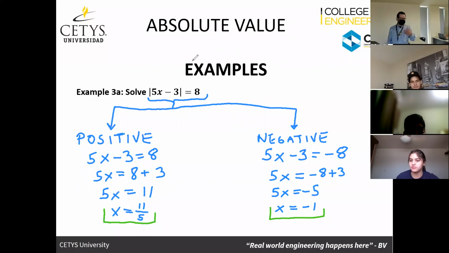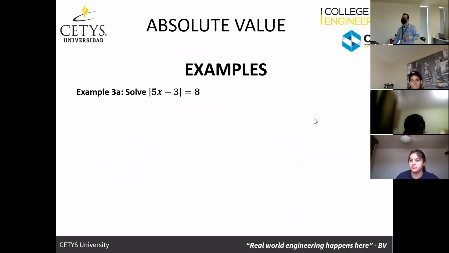Okay, now let's look at the next example. We've got the absolute value of x minus 4 is equal to minus 3. What do we do there? Anybody got any ideas? Well, I separated it like the previous example.